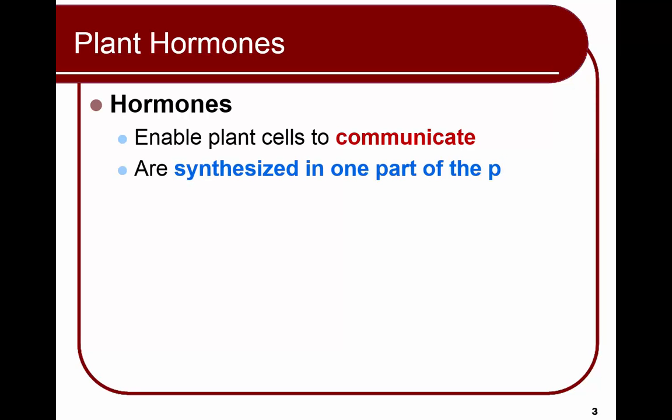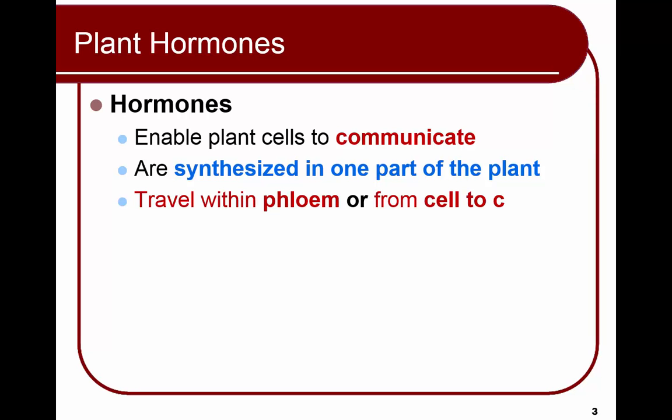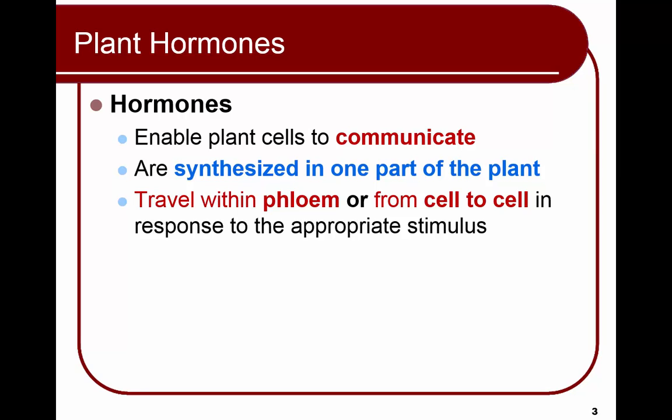They can be made in one part of the plant but affect another part of the plant. They travel within the phloem or from cell to cell in response to an appropriate stimulus.